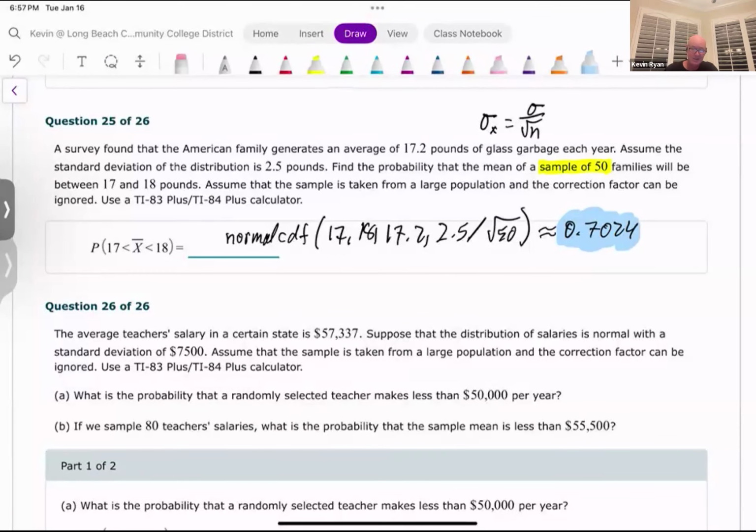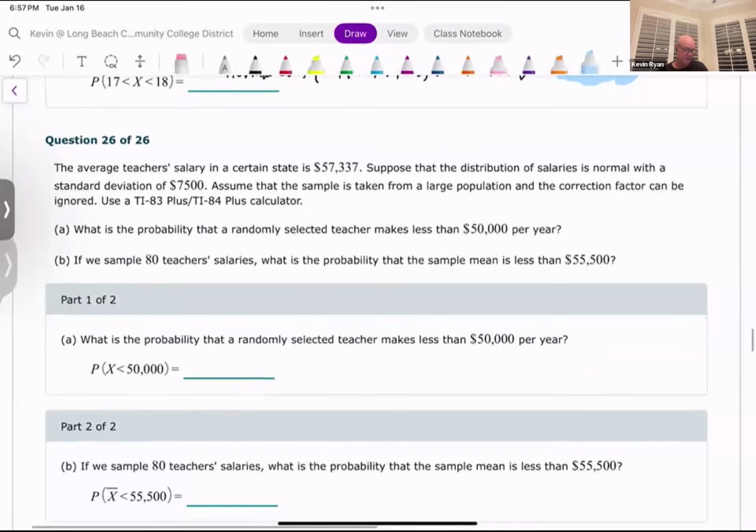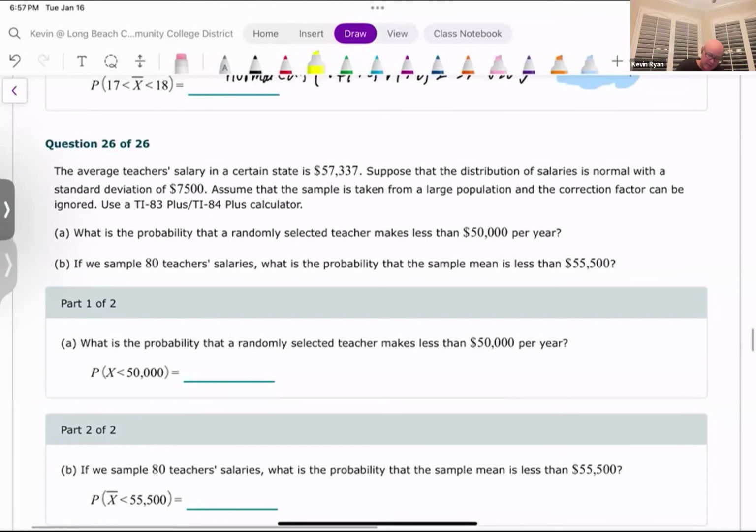And we're to the last question. An average teacher's salary in a certain state is $57,337. Suppose that the distribution of salaries is normal with a standard deviation of 7,500. All right. So part A says, what is the probability that a randomly selected teacher makes less than $50,000 a year?